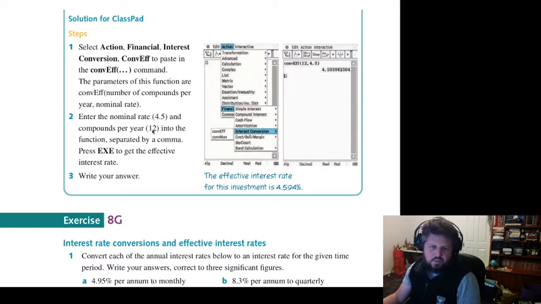In this case, there is 12. After that, you press the comma and enter the nominal rate, 4.5%. Close the brackets, run it, and it will spit out the effective interest rate, which in this case is 4.594.